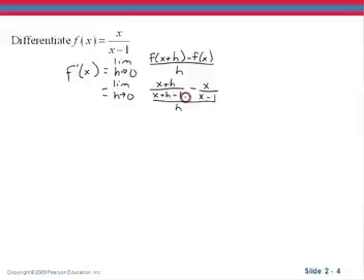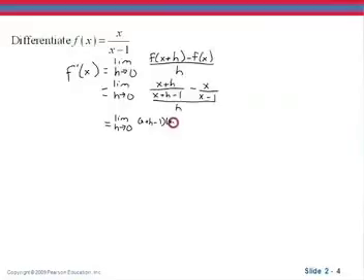Now you'll notice that we have a complex fraction, which means that I have two fractions in the numerator of my fraction. In order to eliminate the complex fractions, we want to multiply through by the common denominator of the fractions in the numerator. The common denominator will just be the product of these two. Now I can multiply by the product of these two as long as I multiply every term top and bottom by that product.